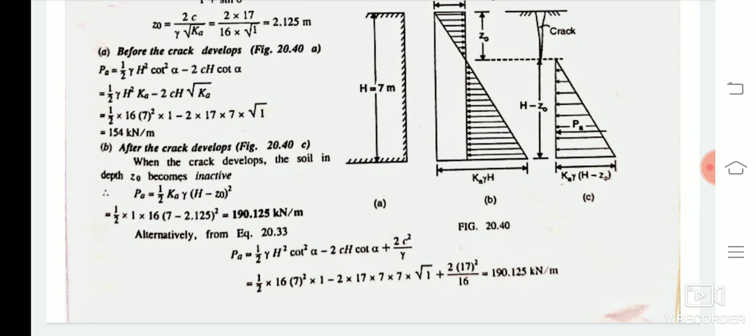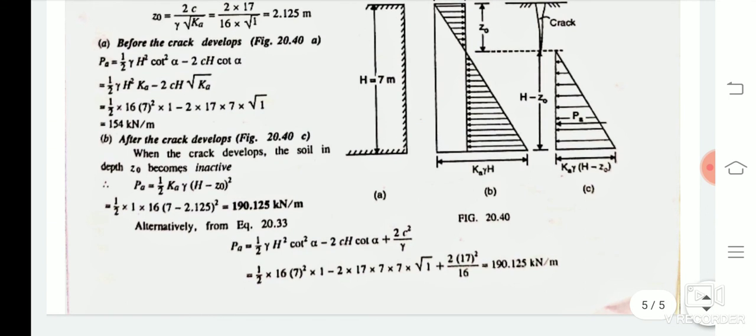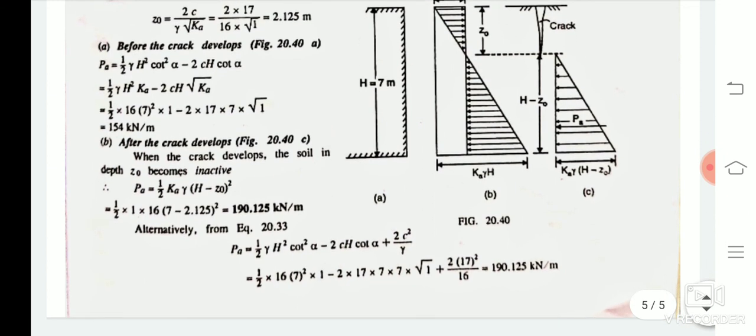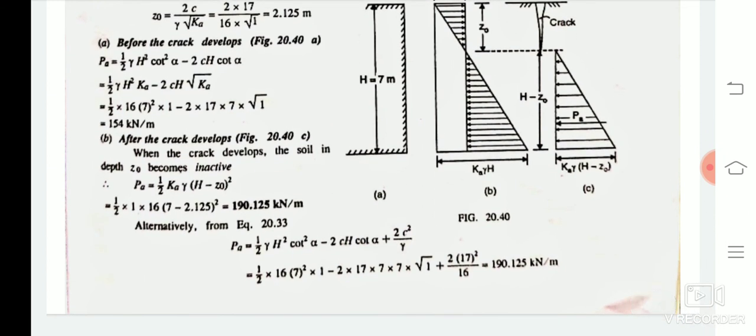Hence, in this case, the active earth pressure is given as half of Ka into gamma into (h minus z naught) square, where z naught is the depth of the tension crack. Substituting all these values, the active earth pressure after the development of the tension crack is 190.125 kilonewton per meter.